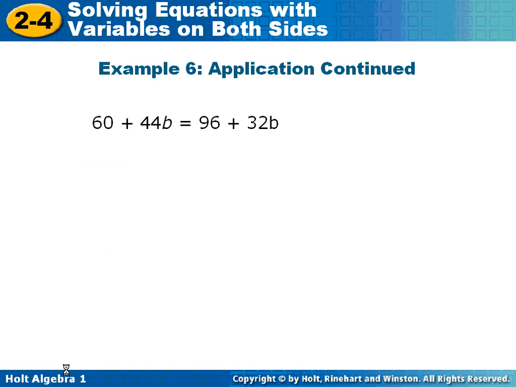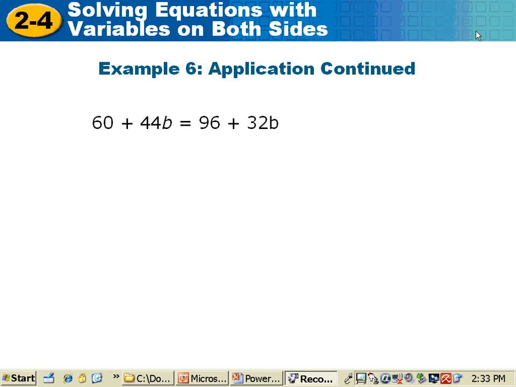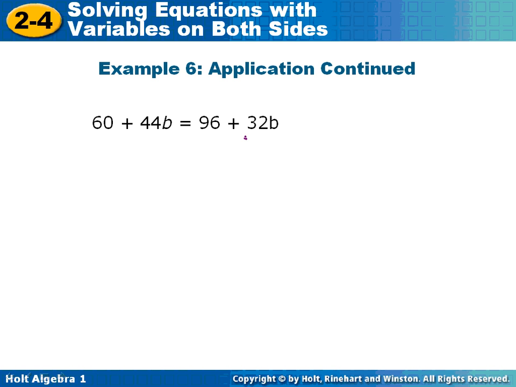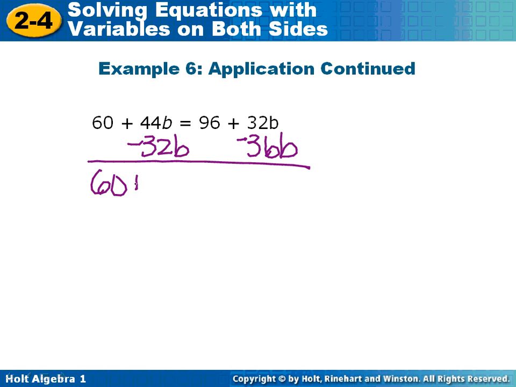Okay, now we need to solve this equation. So now I'm going to move my letters to the left. Subtract 32b from both sides. 60 plus 12b is equal to 96. The 32b's cancel.